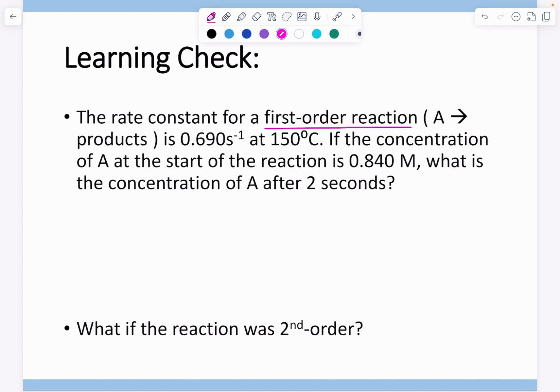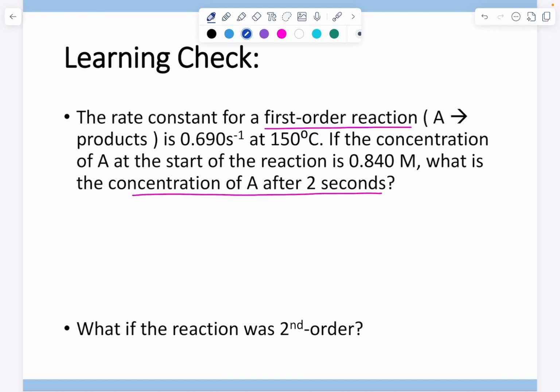We have been given rate constant, so we don't need to find that. We have K. And then we're given initial concentration, and we're asked for the concentration after some time. So when time is a factor here, and they are not talking about half-life, then we will use the integrated rate law. We need to use the one for first order reaction.